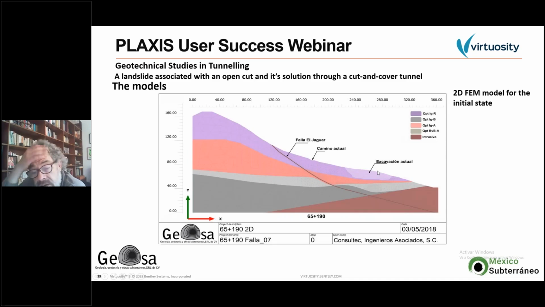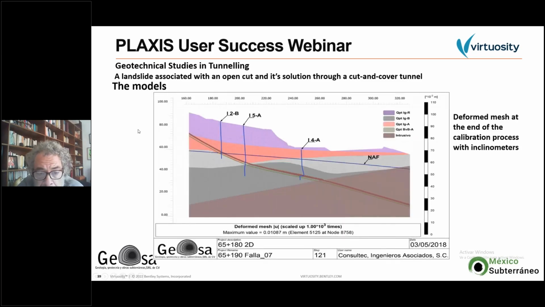And this is one cross section that we selected for doing the first calibrations in 2 dimensions, and there you can see the position of the fault. After reproducing the mechanism, you can see here the water table, and with a trial and error process and back analysis, we got this configuration of the deformation of the inclinometers.